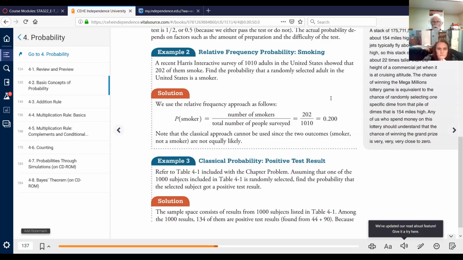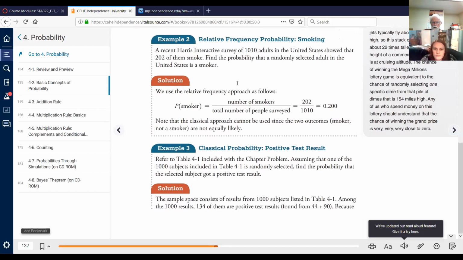So it's very difficult to infer what is likely to happen next when the 2 outcomes, if we look at it, 20% means that for every smoker, there were 4 non-smokers. So they're not equally likely.